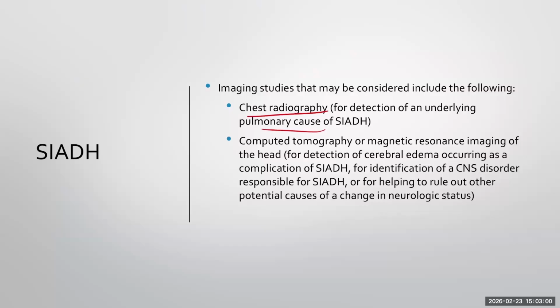CT, MRI of the head, looking for any type of disorder, any lesion in the brain that can cause issues with this as well. Any type of structural damage, CNS disorders, and so forth. Cerebral edema is always an issue whenever you're talking about sodium replacement, so be very careful with that.